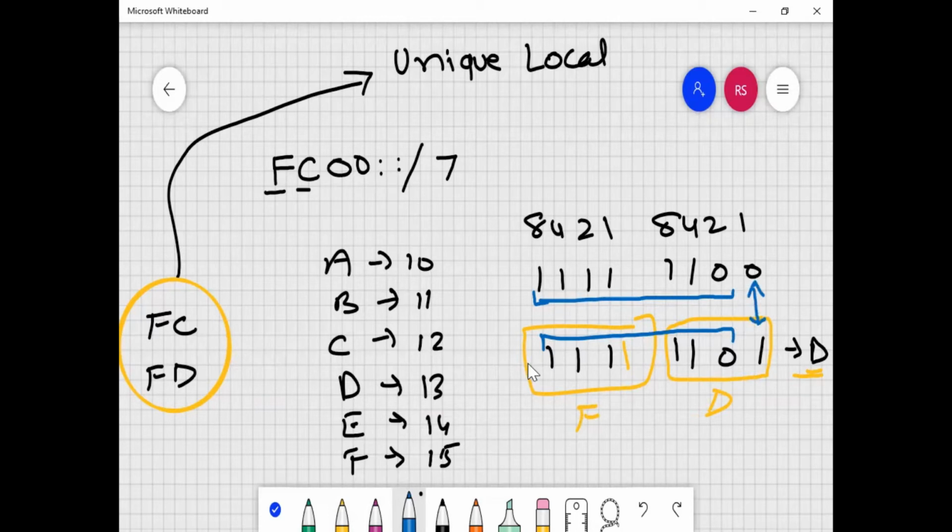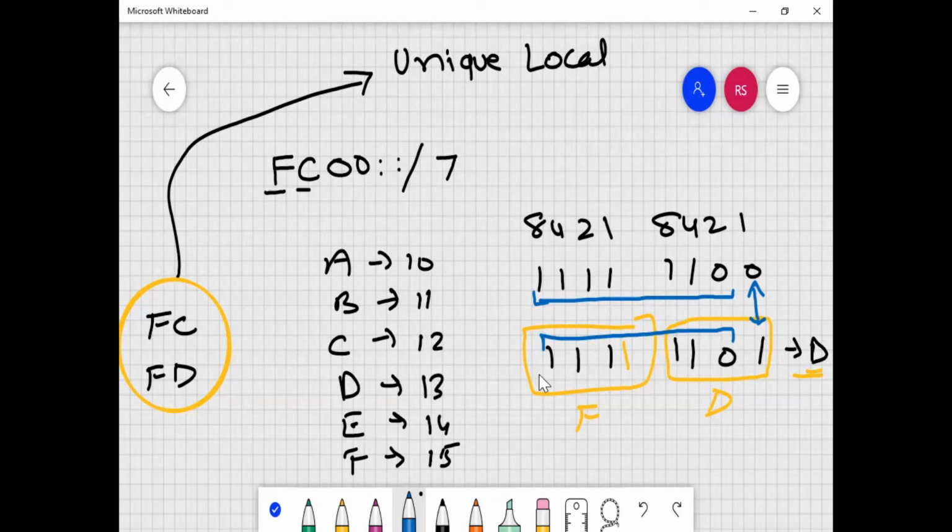So from FC to FD, it is unique local. You can also consider FD. Either anything starting with FD, or anything starting with FC, those are unique local.